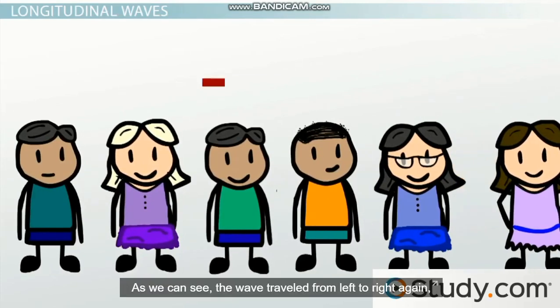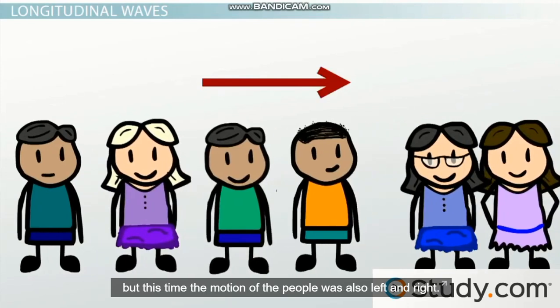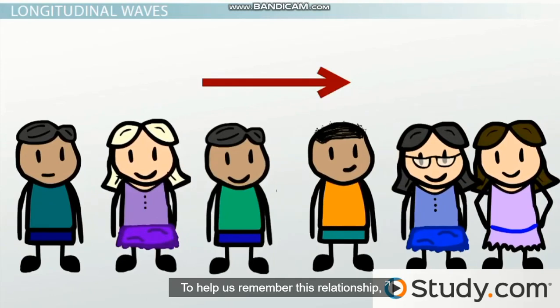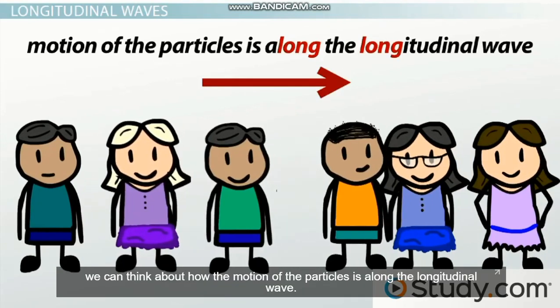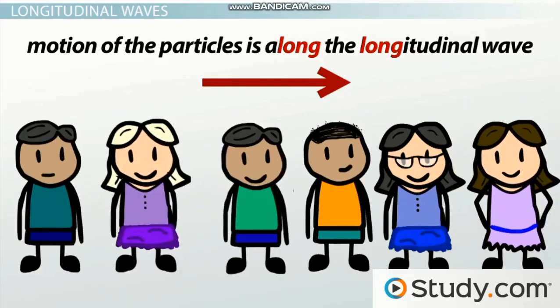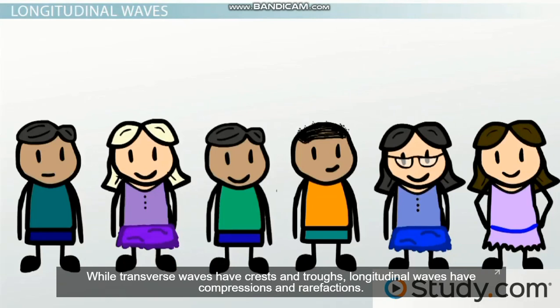As we can see, the wave traveled from left to right again, but this time, the motion of the people was also left and right. To help us remember this relationship, we can think about how the motion of the particles is along the longitudinal wave. While transverse waves have crests and troughs, longitudinal waves have compressions and rarefactions.